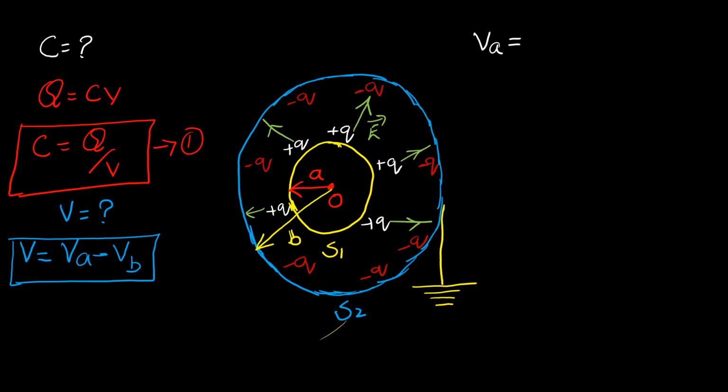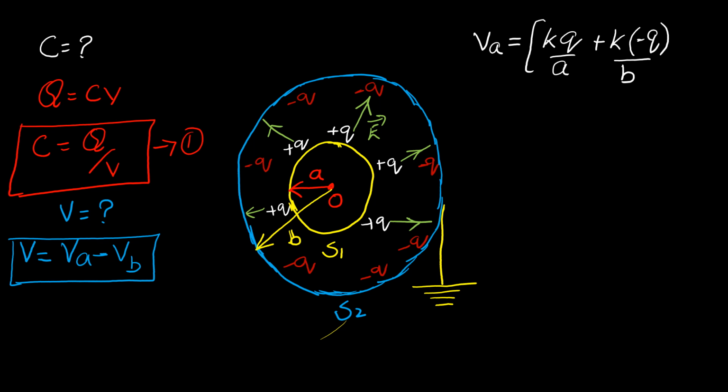we can write the equation as KQ divided by A, where K is Coulomb's constant and A is the radius of sphere 1, plus K into the potential created by minus Q divided by B. This is minus KQ divided by B, the potential created due to VA on the surface S2.